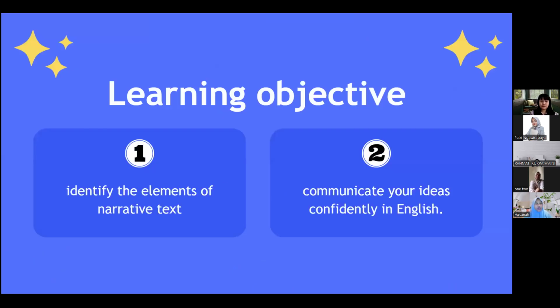Before we learn about narrative text, I will show you the learning objectives of this lesson. The first, you are expected to be able to identify the elements of narrative text. And the second, communicate your ideas confidently in English.